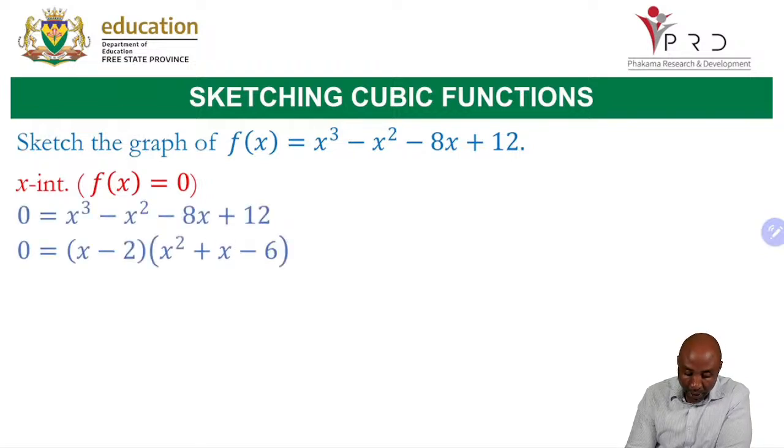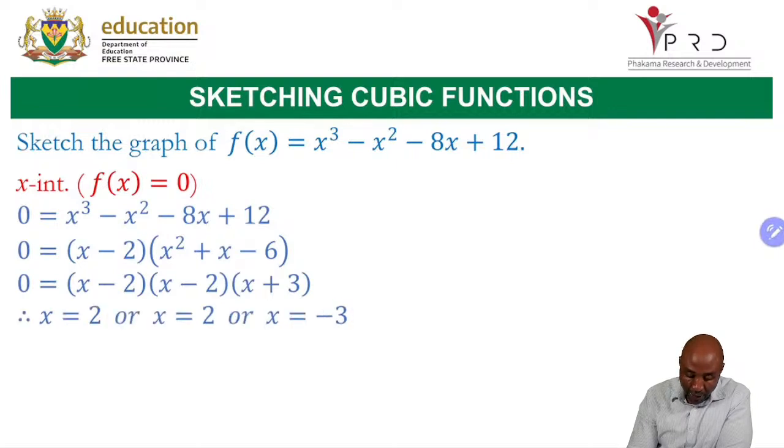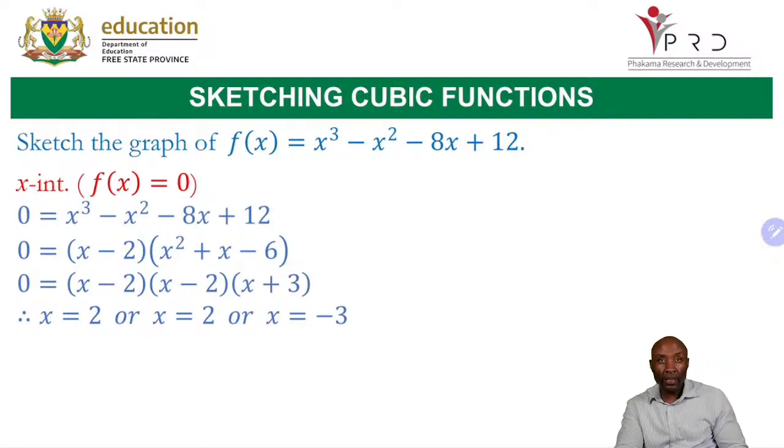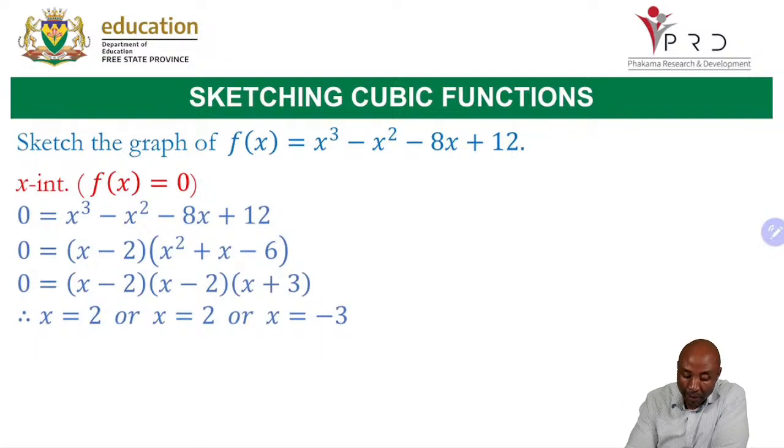So I've already factorized it. I'll get x squared plus x minus 6 multiplied by x minus 2. So from there on, I'm able to factorize, and I see that x equal to 2 is a repeated root. And I know that the moment I have this scenario, x equals 2 is both a turning point as well as the x-intercept.